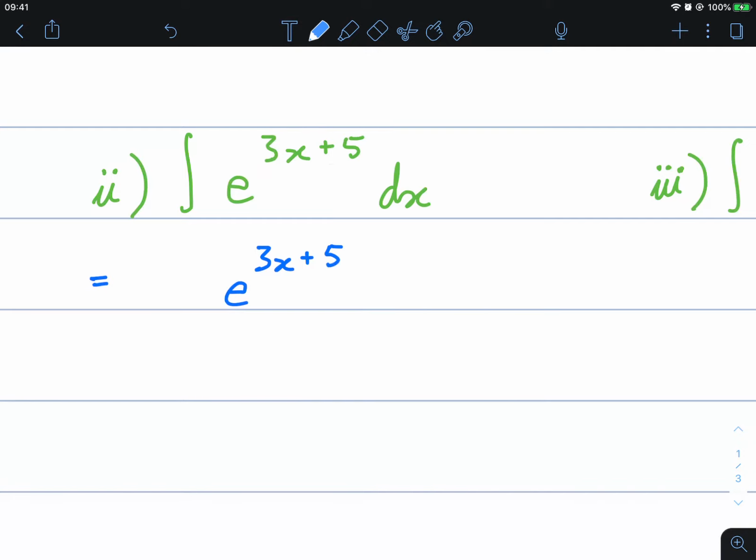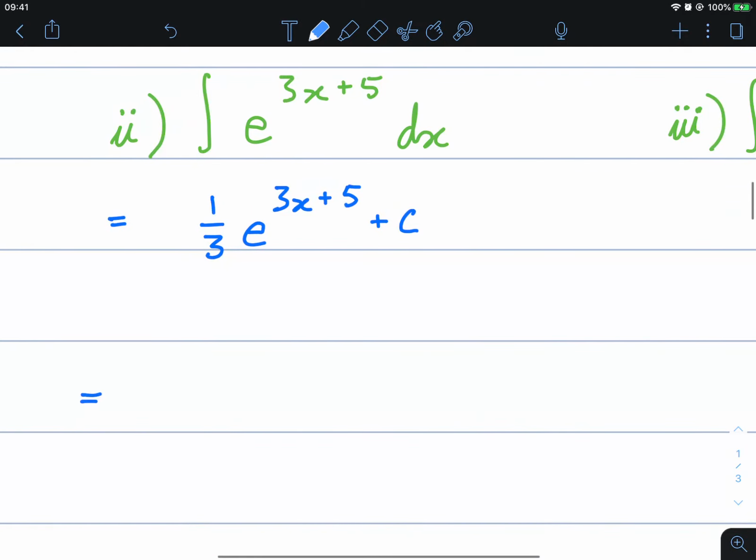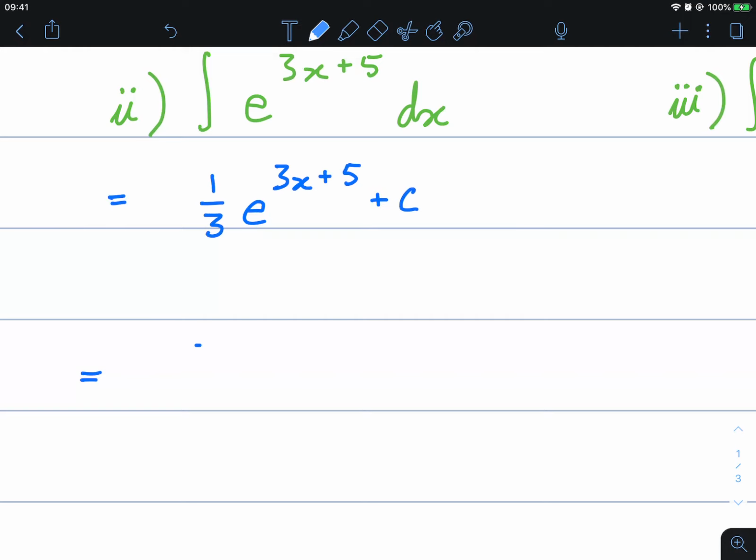It's just a linear expression, so we're dividing by the coefficient of x, so 1/3 plus c. Just as a note, you may see this as a result sometimes, e to the 3x plus 5 over 3, which these two mean the same thing. Oh, and plus c.